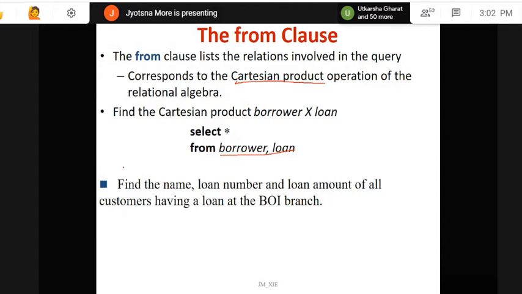So my question here is, find the name, loan number and loan amount of all customers having a loan at BOI branch. According to this query, I require customer name, loan number and loan amount, these three things.